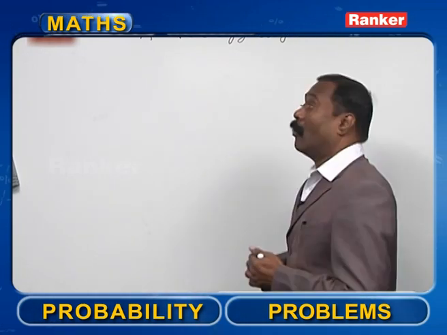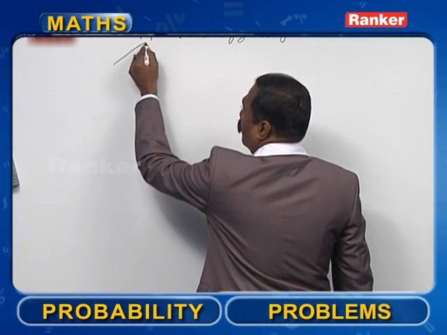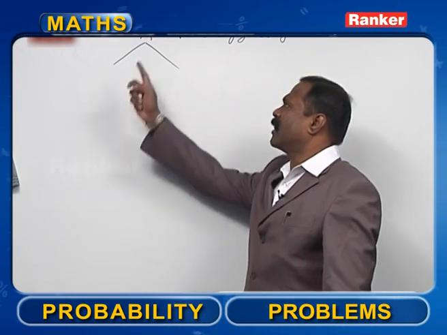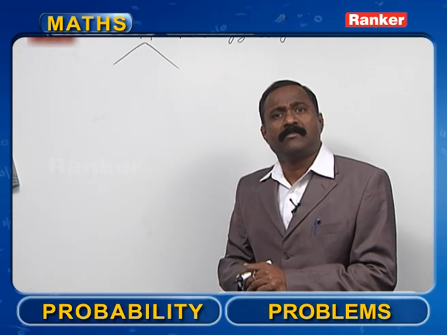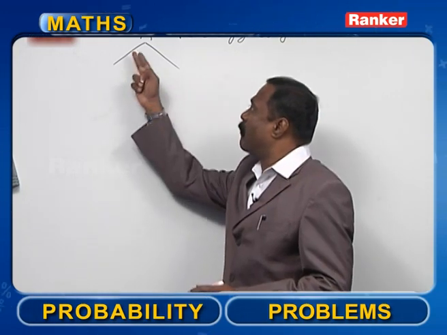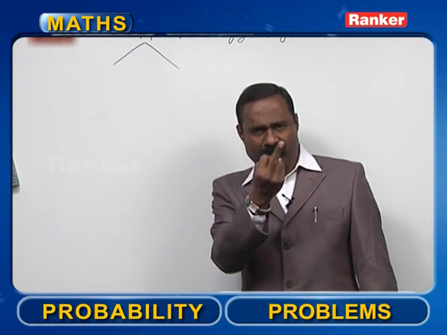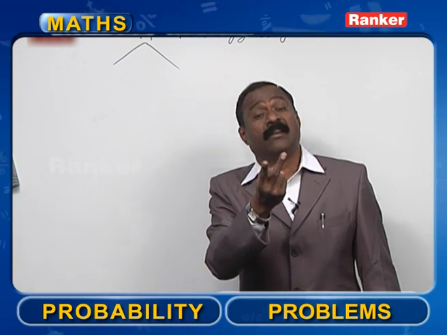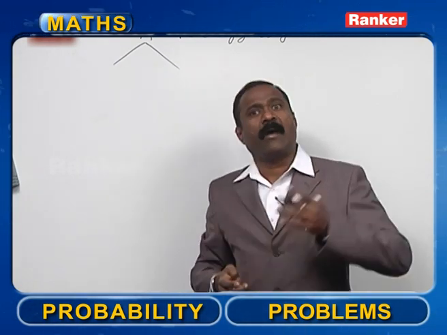Now, this finding guilty can happen in two different ways. Whatever the problem is, take the required event as A, and in however many ways it can happen, take those as different branches. In this case only two branches are there: one is innocent, another one is really guilty. There are only two cases here, but you may have three also.